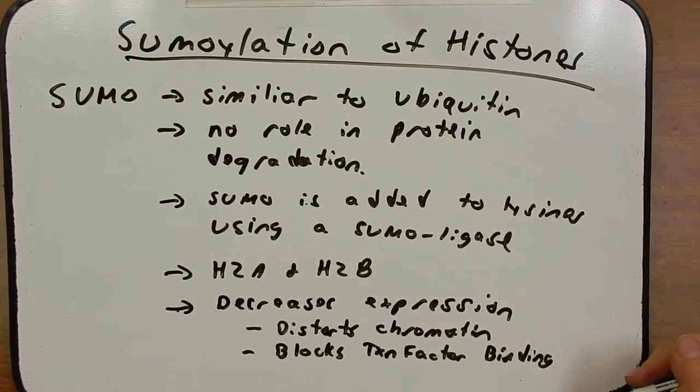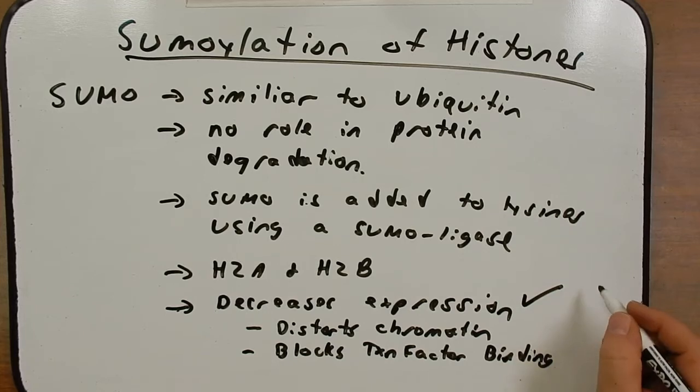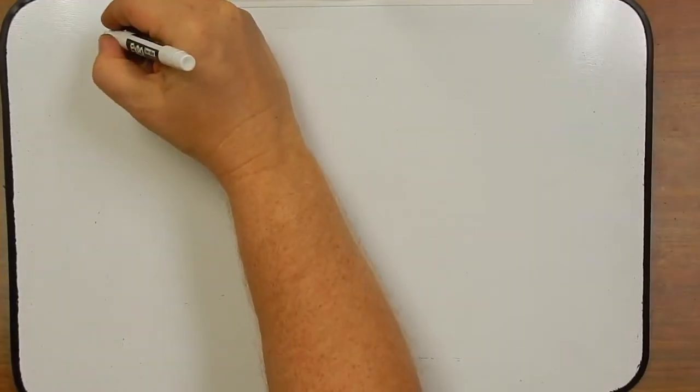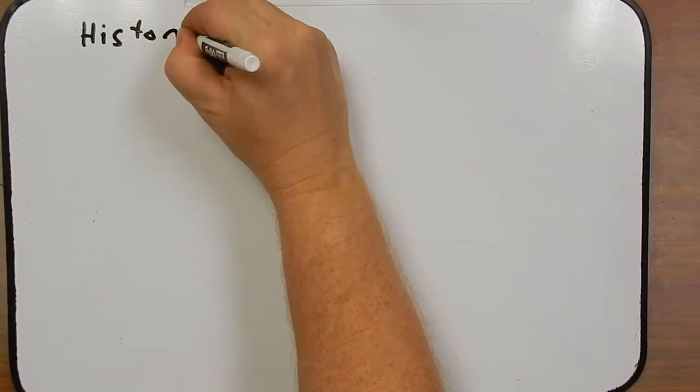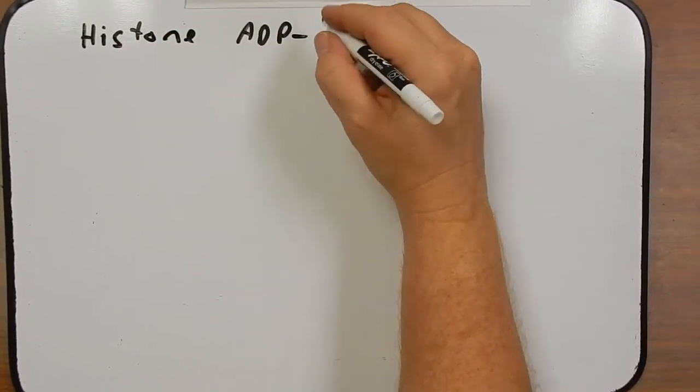Some evidence to support this, but not sufficient evidence to make any bold claims about what sumolation is doing. With the one exception that it does seem to be strongly linked to decreasing expression, but how it's doing it, the mechanism, is unclear. The last modification I want to talk about is histone ADP ribosylation.